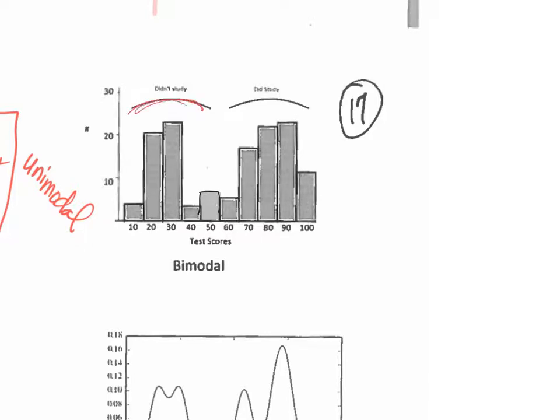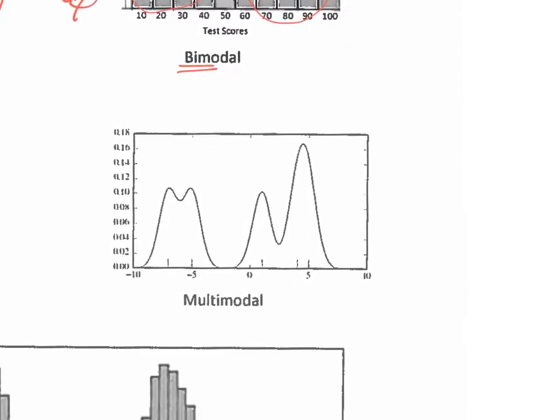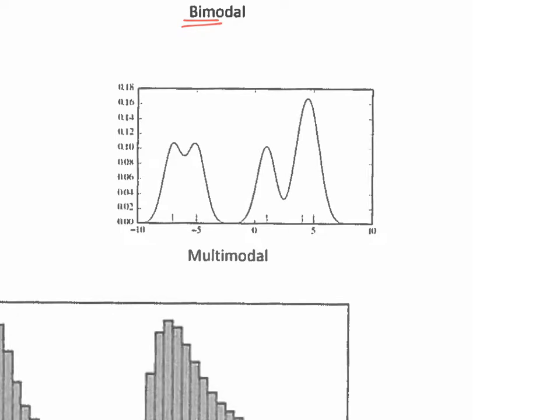We've got this section of test scores of people that did not study. We've got this section of test scores of people that did study. So those kind of clumped together in 2 sections, hence it is called bimodal. Next, if you have more than 2 modes, you don't go into tri-modes and quad modes. You just pretty much call it multimodal.